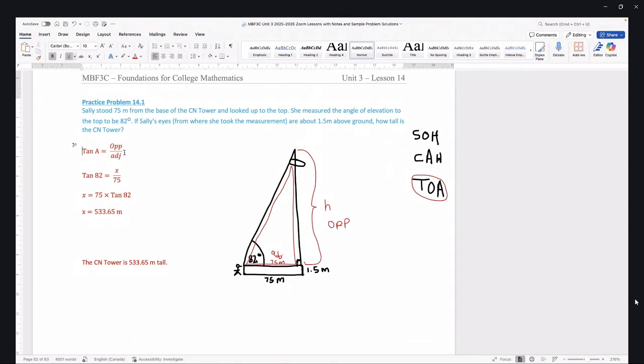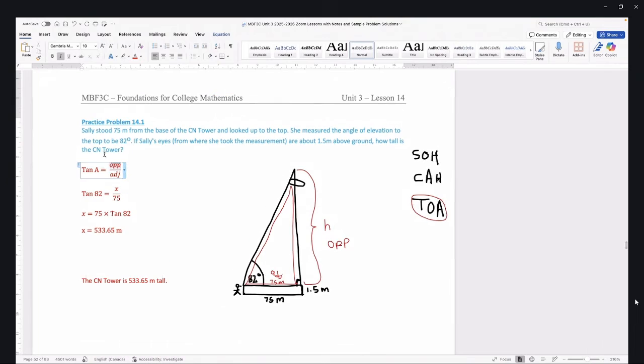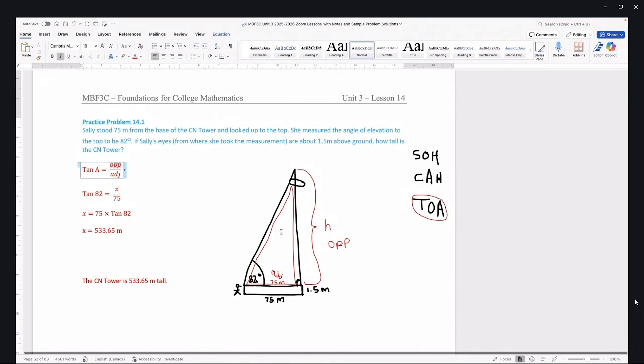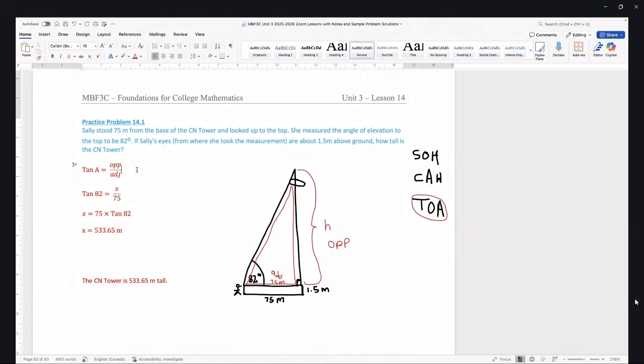So the first part I did right here was I entered the formula, opposite over adjacent. So there's the opposite side, there's the adjacent side. I've entered the formula. So there's the first step. The second step is to do the substitutions.